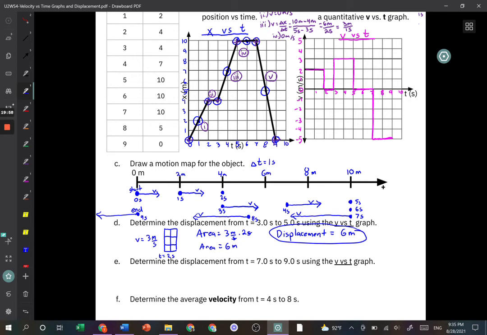We can do the same thing for that next region of the graph from 7 to 9 seconds, right over here. Now this one is going to be a little bit unique because it's actually going in the negative direction, with a negative velocity. So it looks like in that region, we're going to have our height of 5 boxes and our width still of 2 boxes.